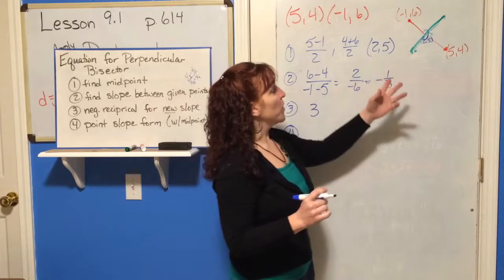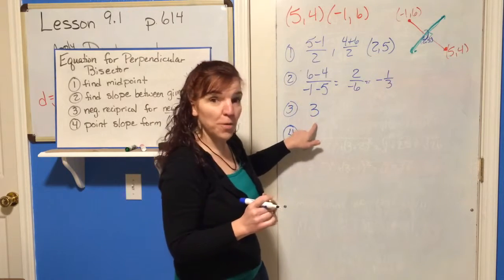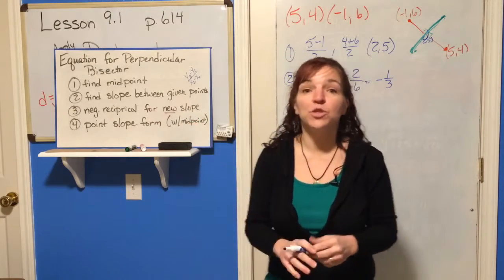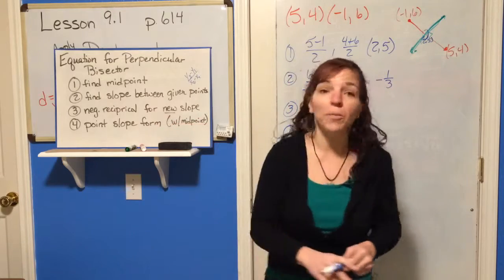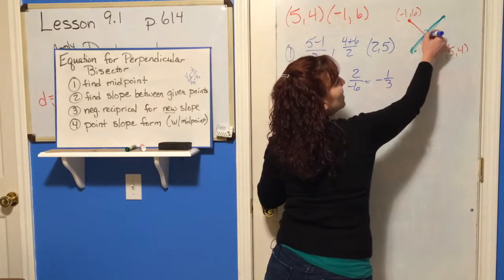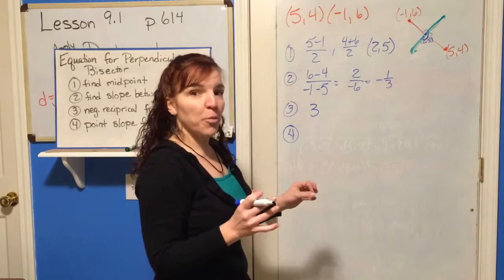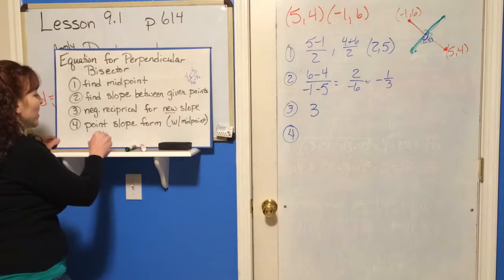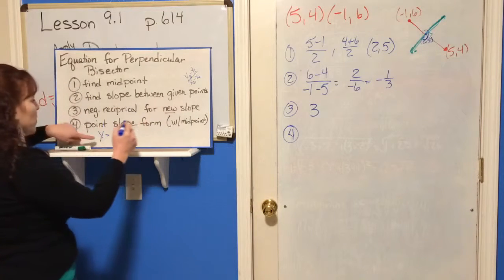All right? Step 4. So now we have a midpoint. We have the original slope, and we got the original slope so that we could get our new slope. And in the last step, all we're going to do is put that information together. We're going to use the point slope form. Now we have a point on the line, and we have the slope for the line. So now we can use, do you remember the point slope form? Do you remember that point slope form is y equals, what is it?